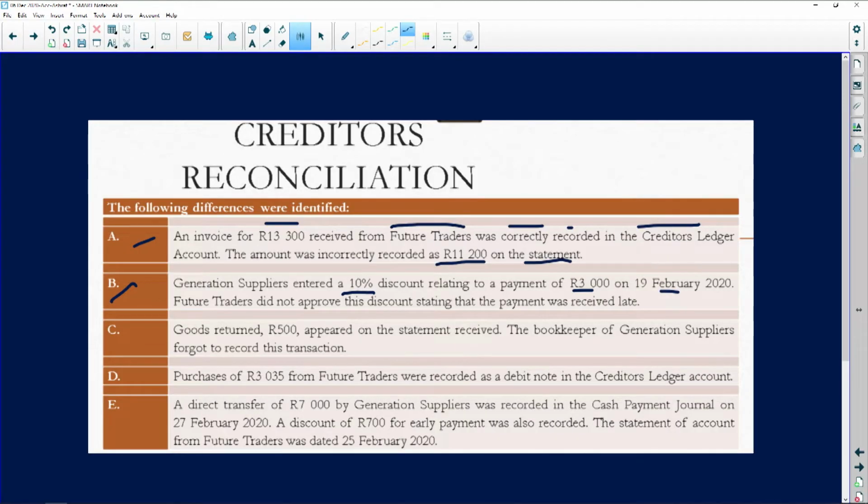It relates to a payment of 3,000 Rand that was made on the 19th of February. Future Traders did not approve the discount, stating that the payment was received late. So what have we done? We've taken the discount of 10% based on the payment of 3,000 Rand. So clearly 10% of 3,000 Rand will be 300 Rand.